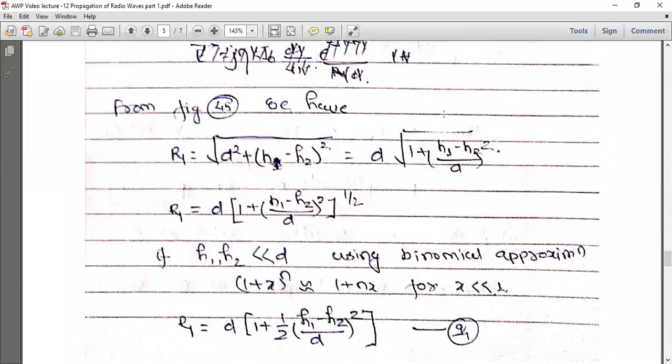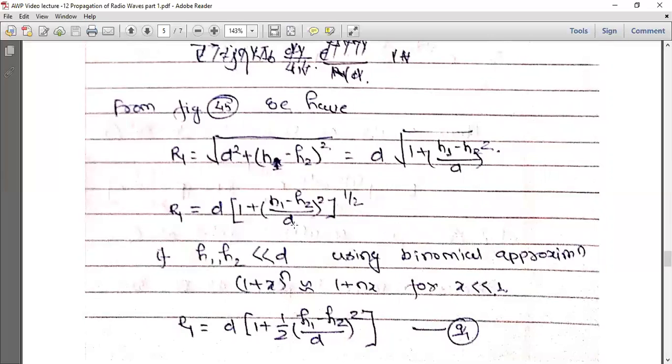Using Pythagoras theorem, r1 square is equal to d square plus ht minus hr whole square. Because of some mistake, I have written ht as h1 and hr as h2. So please consider h1 as ht and h2 as hr. So R1 will be given by the square root of d square plus h1 minus h2 whole square, which equals this. When we keep this d square outside, the expression looks like this, which can be written like this.